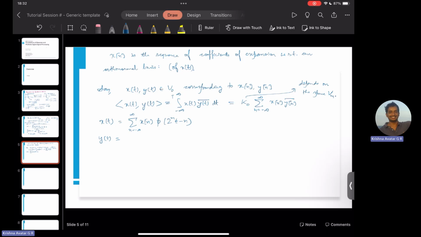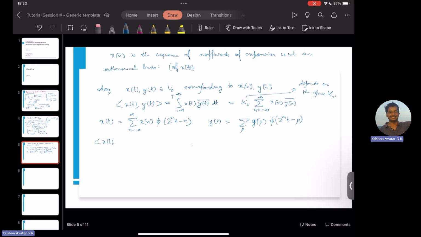Likewise, y of t, with some other dummy variable p, we can call it y of p, phi of 2 to the m t minus p, in the same space, right? Let's substitute all these expressions into the L2 product of both these functions.